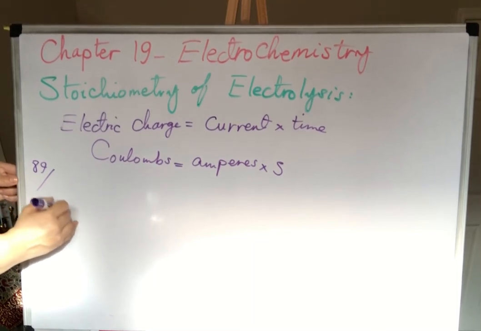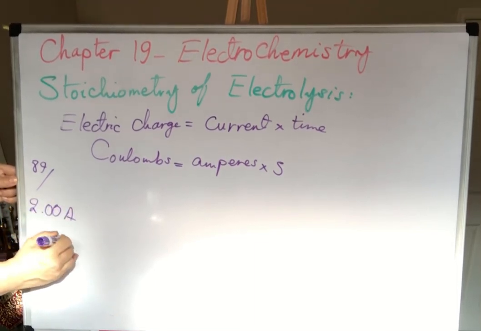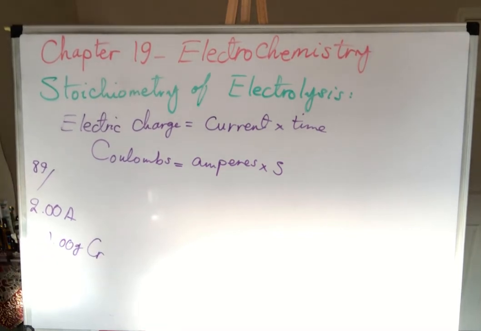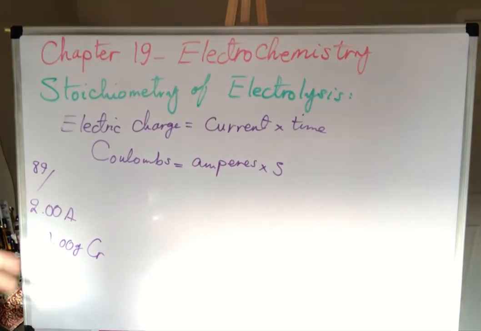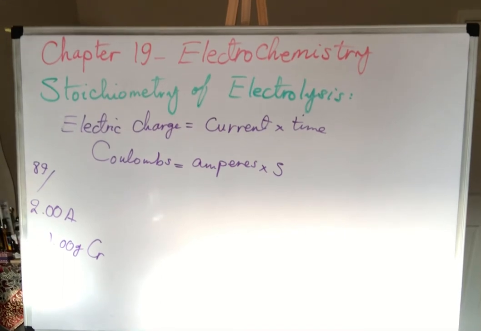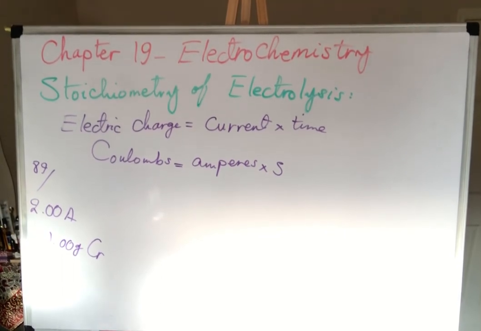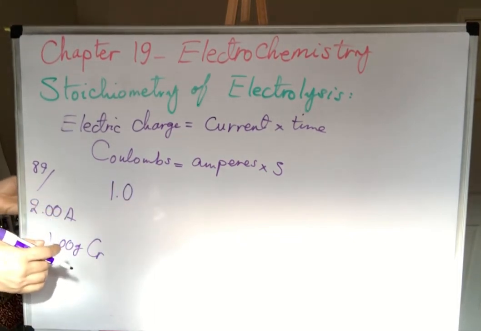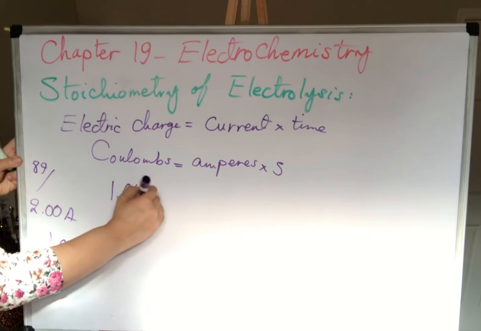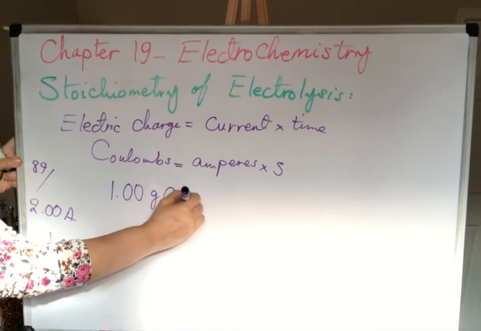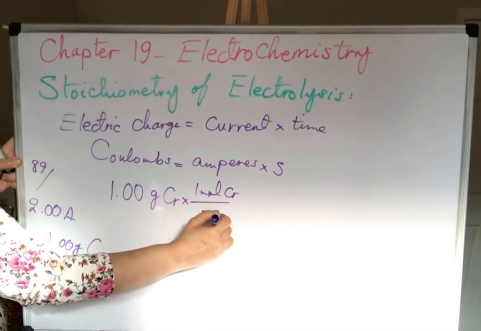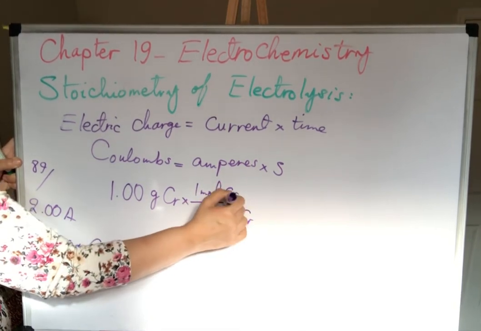So we're using 2 amperes for 1 gram of chromium metal, Cr. How long does the plating take? So first we need to know what electric charge, and then how long does it take. So we said the amount of electricity depends on the amount of substance. 1 gram of chromium, and we know that 1 mole of chromium from the periodic table is 52 grams.